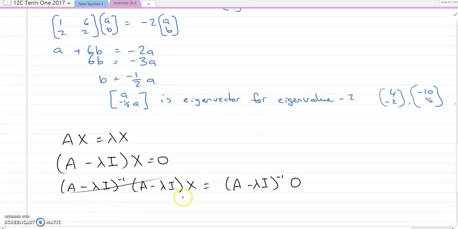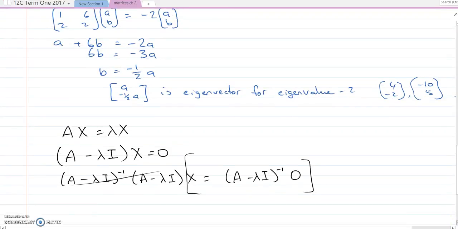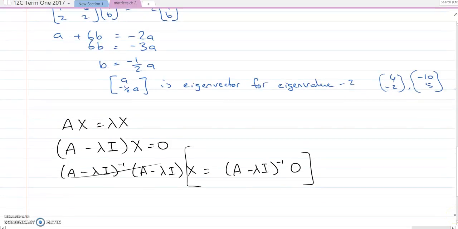It cancels, so you get x equals that. Okay, but of course we're timesing by 0, so it's going to be 0, but we know it's got to be something. Well, maybe it could be, but it can't always be 0.